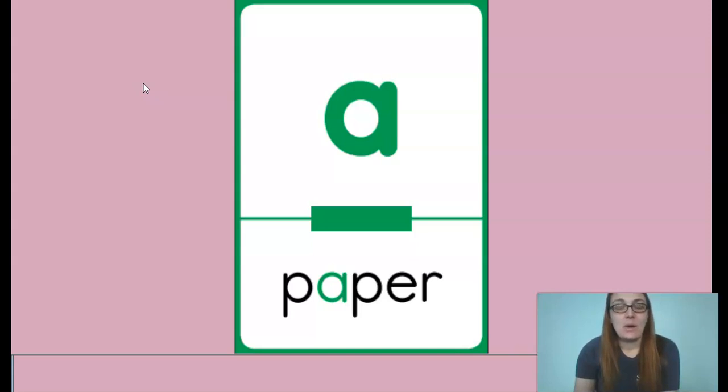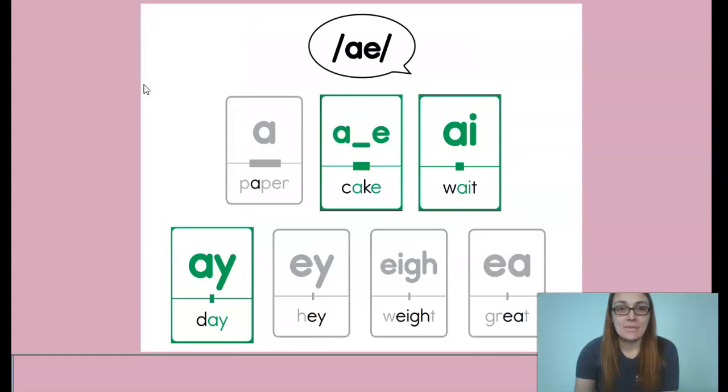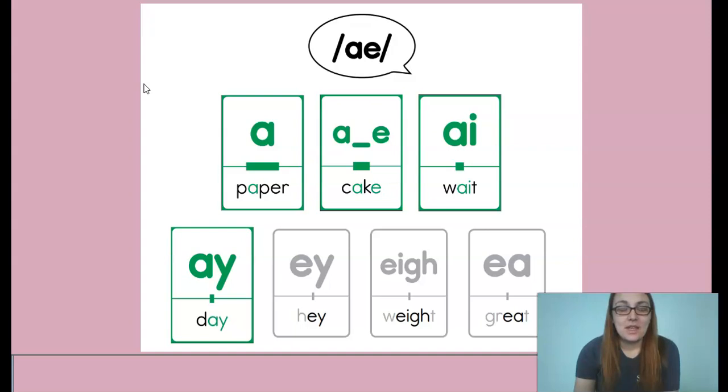As you can see by the power bar, it's kind of in the middle. It's not the most common, but not the least common way to spell the A sound, like in paper. And here's our list of the three we've done already, and adding the A. So we have A, AE, AI, and AY. If you have your code chart, you can color these all in green as well.